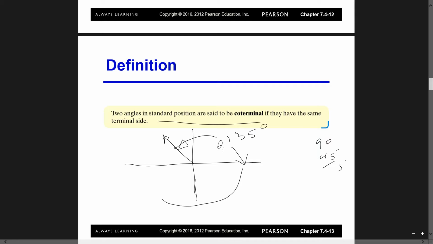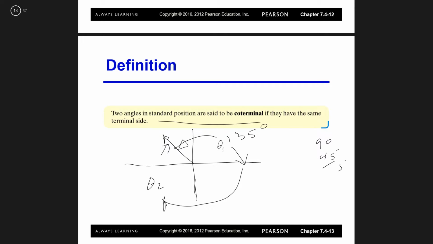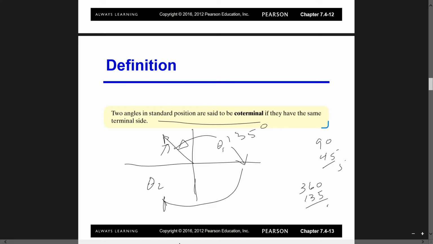Theta 2, which is an angle that has the same terminal position, would be 360 minus 135, which is 225 degrees. Just an example of coterminal angles.